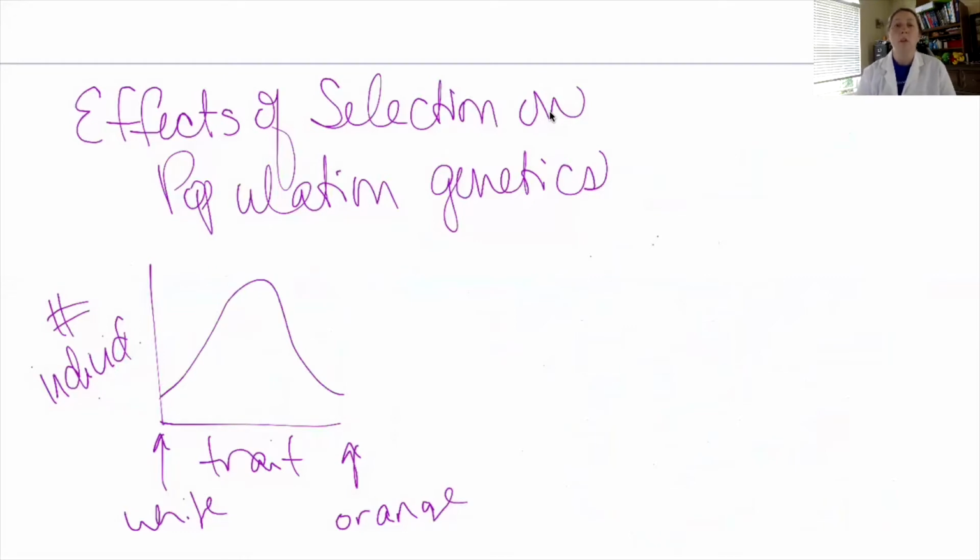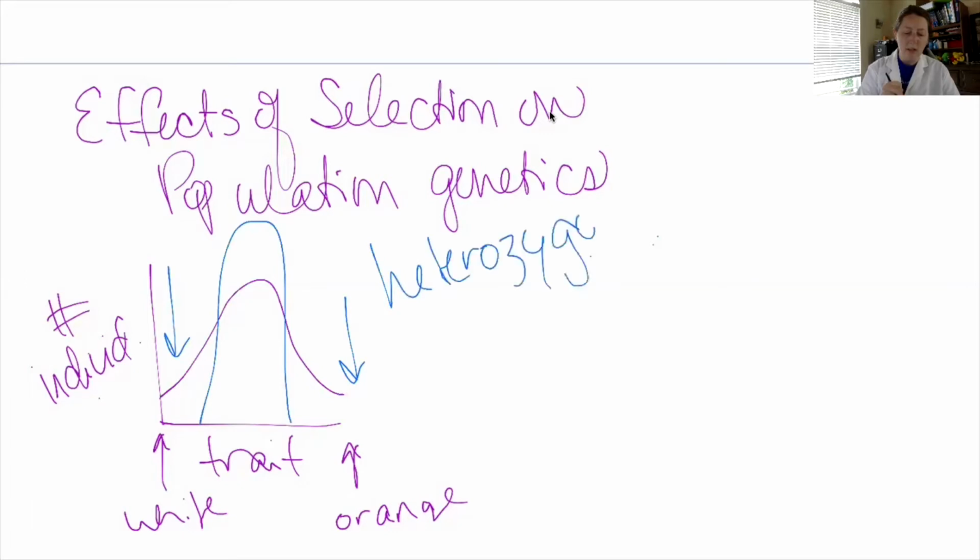This time we were selecting against both the orange and the white, so they're being selected against for some reason, and it was this middle that was being selected for. So this is some sort of heterozygote advantage. And this is what we call stabilizing selection.